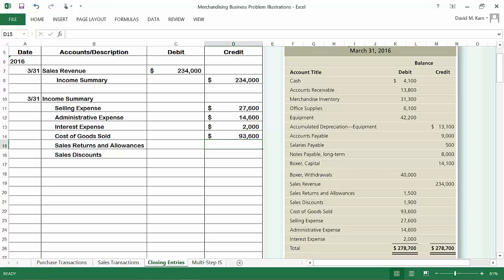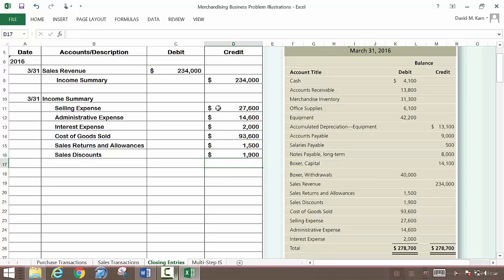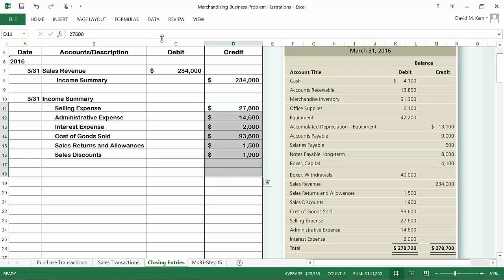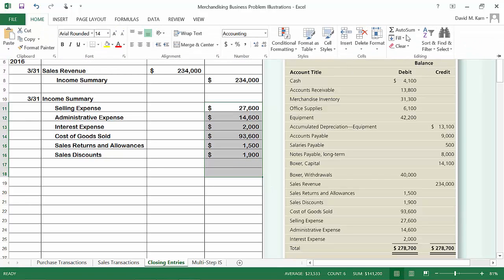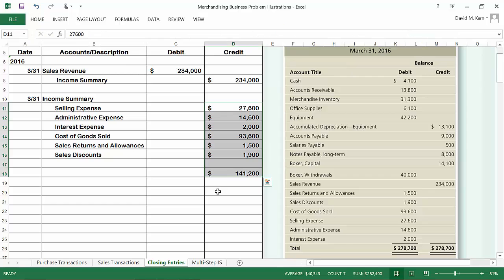Our sales returns and allowances was $1,500, and then finally sales discounts was $1,900. So let's just quickly add those up. I'm just gonna get a total here real quick, and we see that it comes out to be $141,200 will be the amount that we have to debit to income summary.